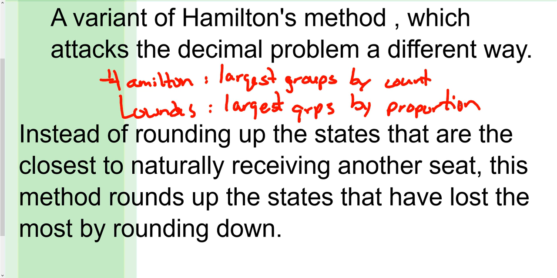Now you can see right away how that might favor a state with only one or two representatives. For example, a state like Vermont, which only has one representative, you have a case where that rounds up to 2, and that's double the representation. Versus a state like California, which has 52, the difference between 52 and 53 is very, very small.